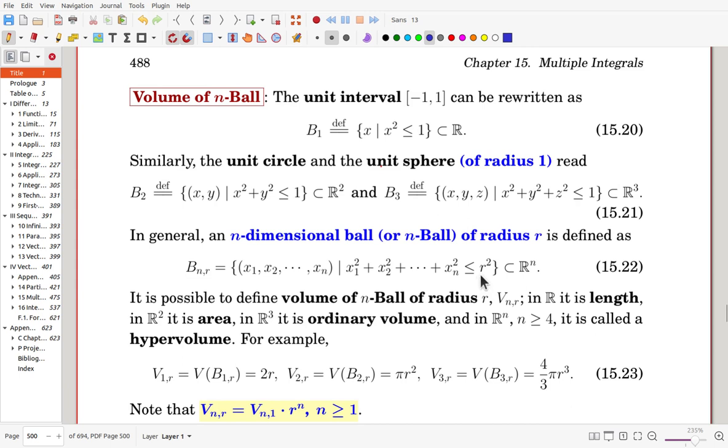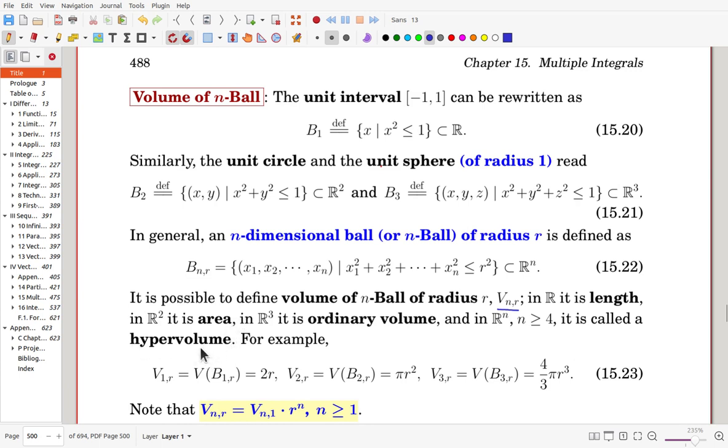It is possible to define the volume of the n-ball of radius r, written V_n(r). In one dimension, it is length, in two dimensions it is area, and in R3 it is the ordinary volume. When n is larger than or equal to 4, it is called a hypervolume.